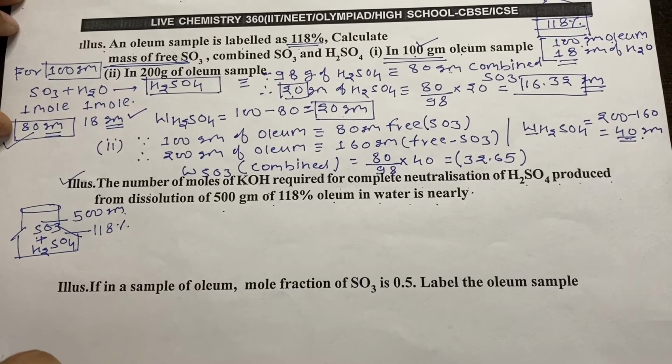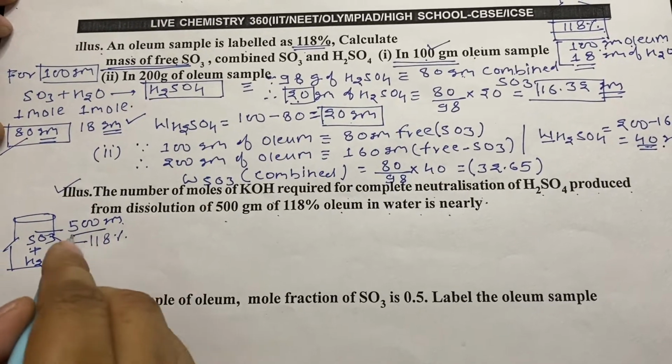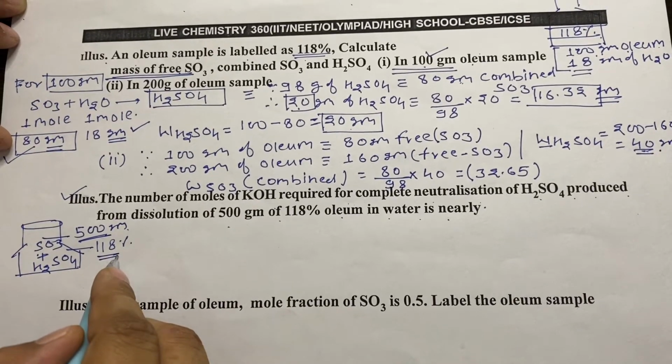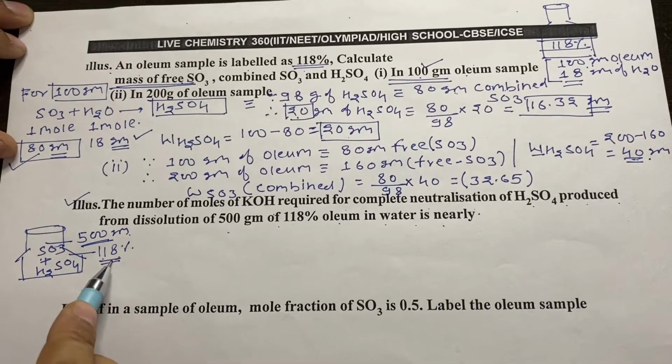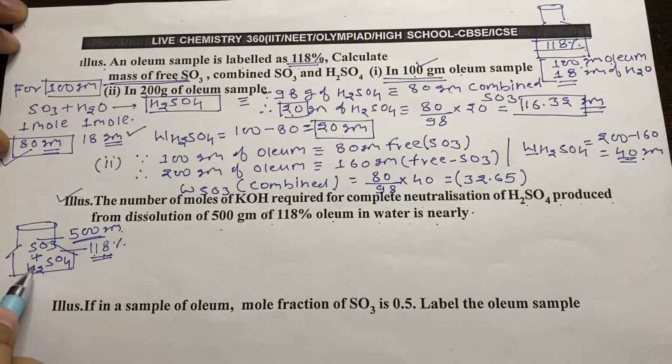First we will find the amount of free SO3 in the 500 gram oleum sample. 118% oleum means 18 gram of water is required for 100 gram of oleum.